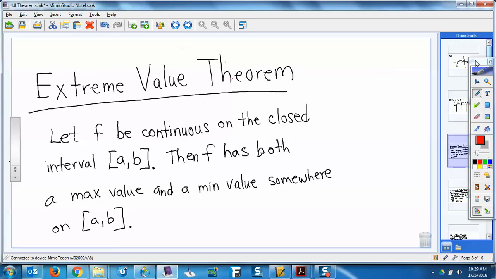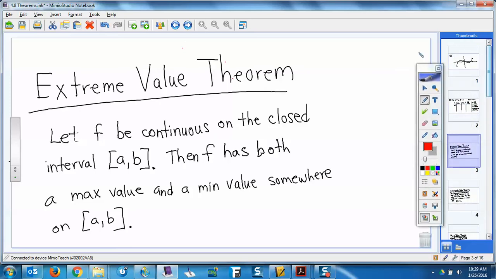All right. So the extreme value theorem, extreme value makes you think max or min. Let f be continuous on a closed interval [a, b], then f has both a max and a min value somewhere in [a, b]. Now the importance of the first two theorems is they have to do with continuous functions. The title of the section in the book is Why Continuity Matters.